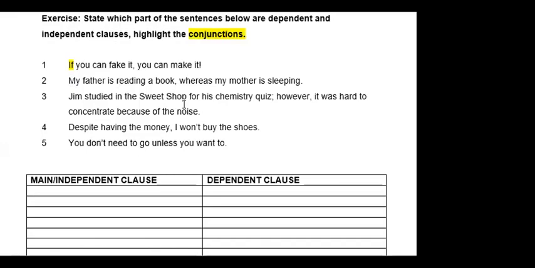Which part of the sentence before or after the comma cannot stand on its own? Is it if you can fake it, or is it you can make it? Which one is a dependent clause? So it depends on something else to exist.